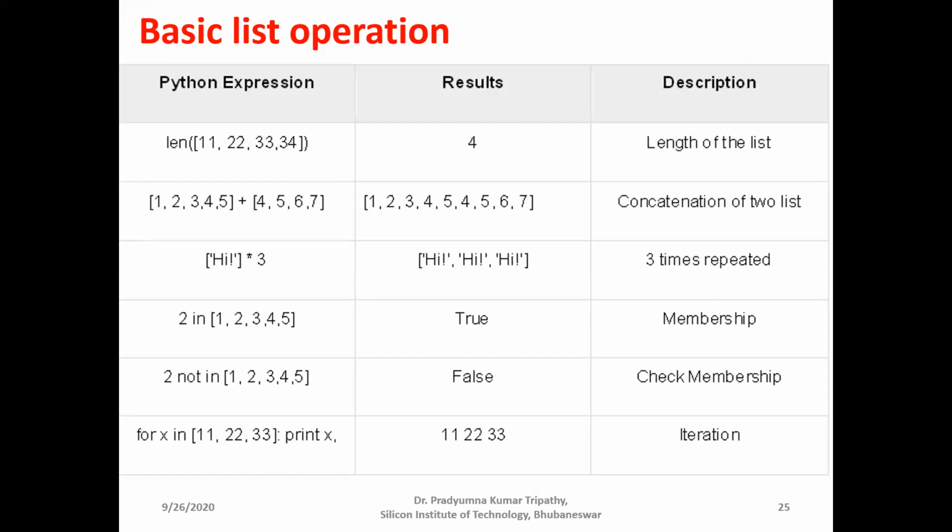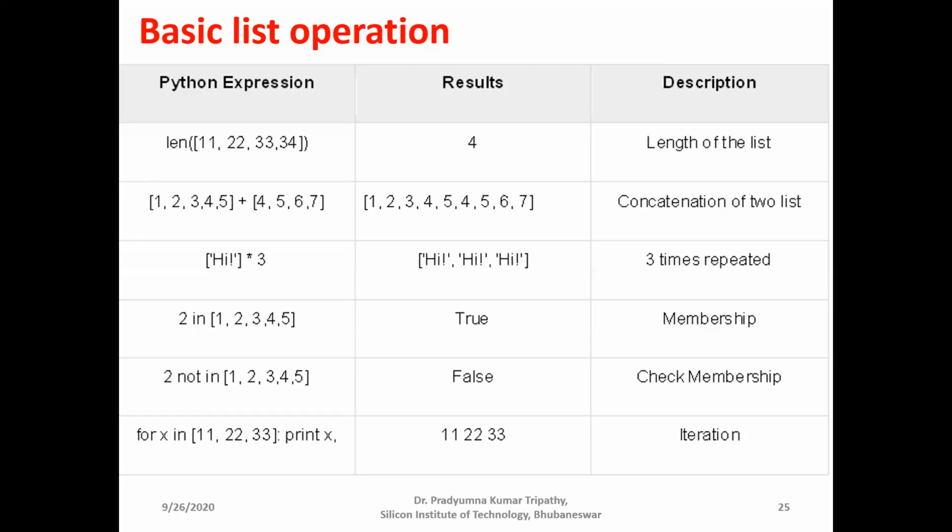If you look at the different list operations, what operations can we do on a list? Some of the operations I have listed over here. For example, length of this will return what? The length of the list. If I give the plus operator between two lists, the lists will be concatenated; the second list will be added at the end of the first list.